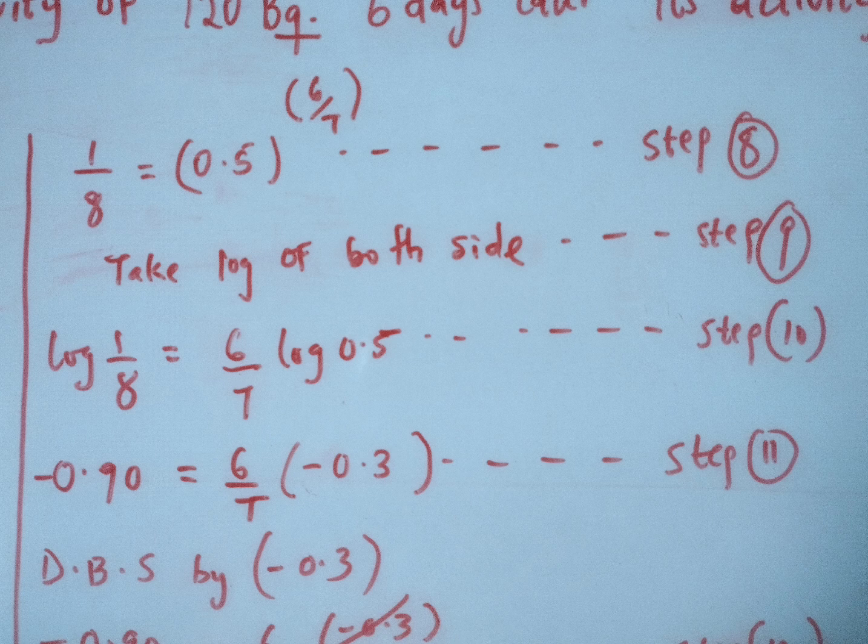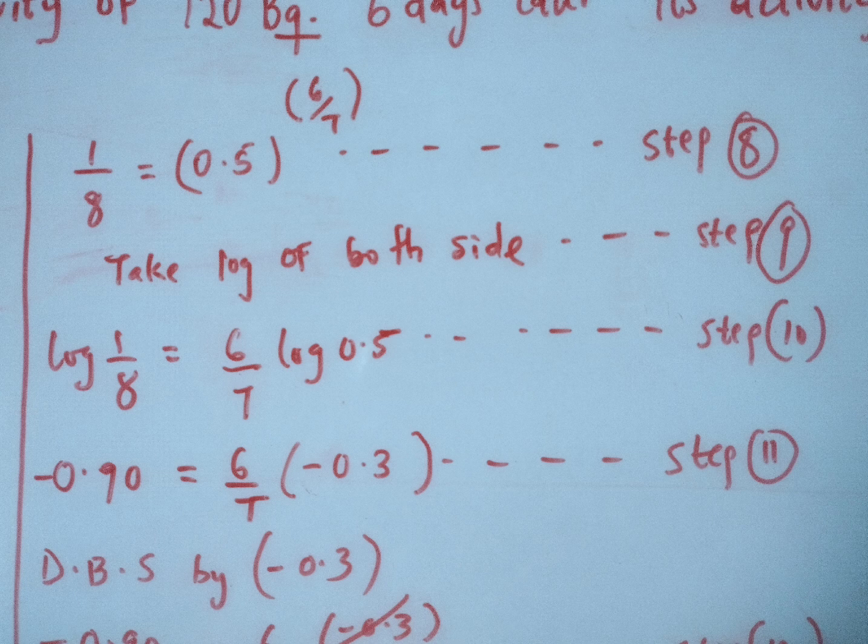Then we take 1 over 8, which is 1 divided by 8, that is 0.125. If you take the log of 0.125, it's going to give us negative 0.90, rounded to the nearest number.